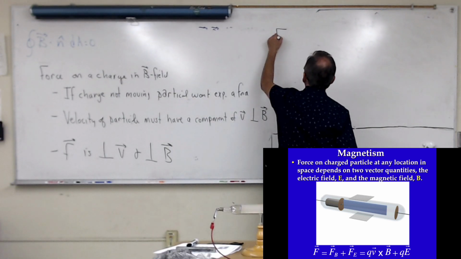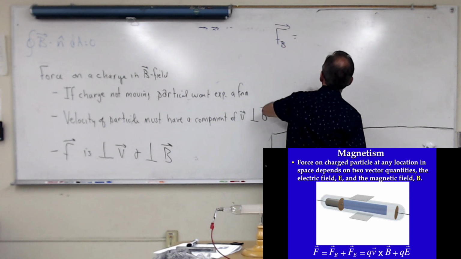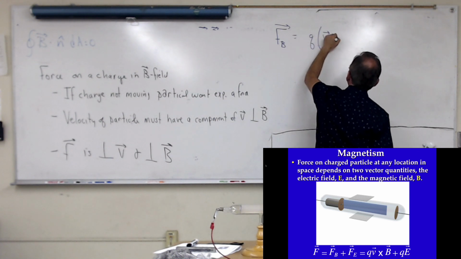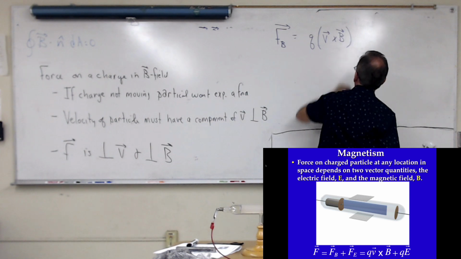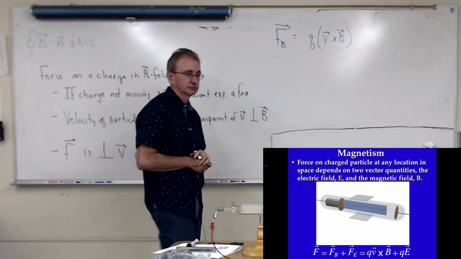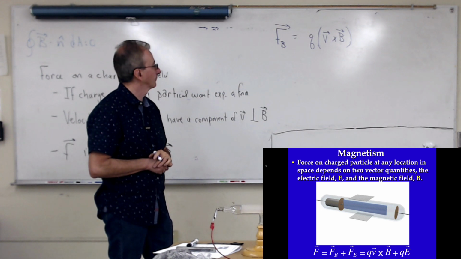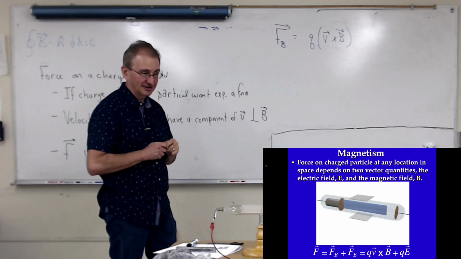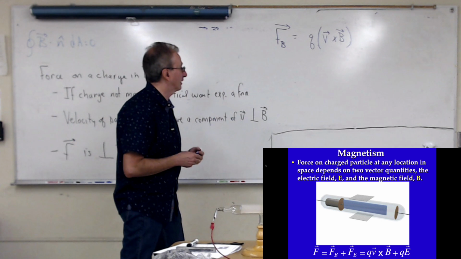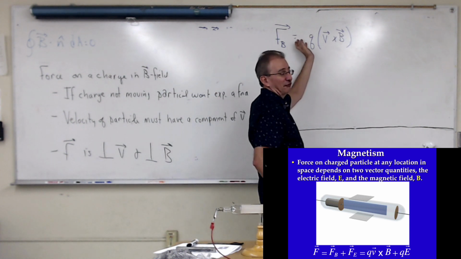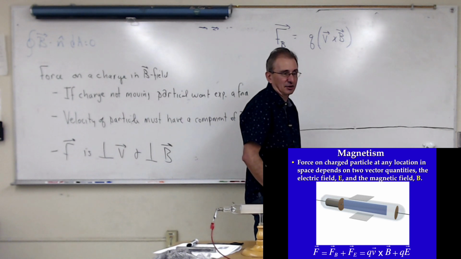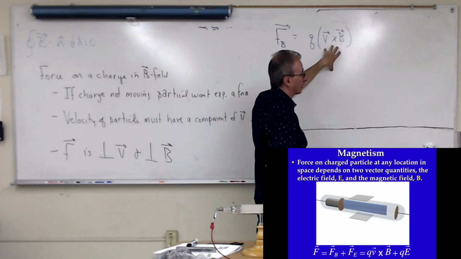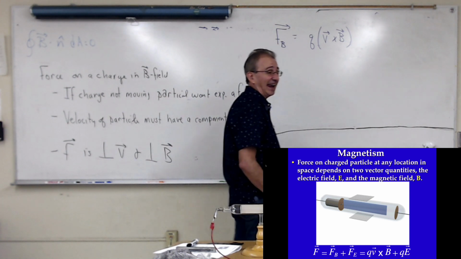The force on a charged particle in a magnetic field is proportional to Q, and it depends on the cross product between V and B. You folks remember the cross product? Okay, you know that the cross product is a way to find a vector that's perpendicular to two other vectors. That's really what a cross product is. And so F sub B, the force on a charged particle in a magnetic field, is perpendicular to both V and B.